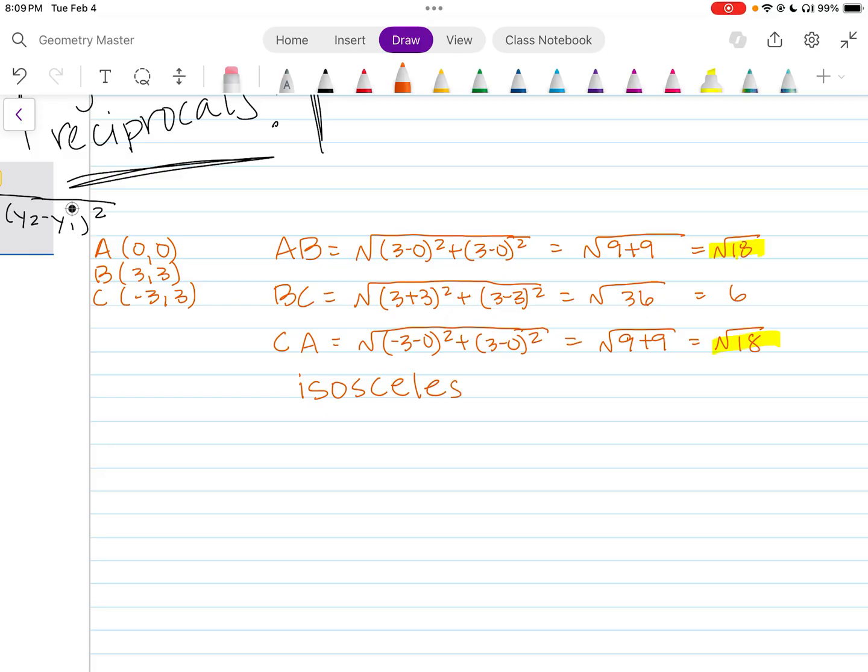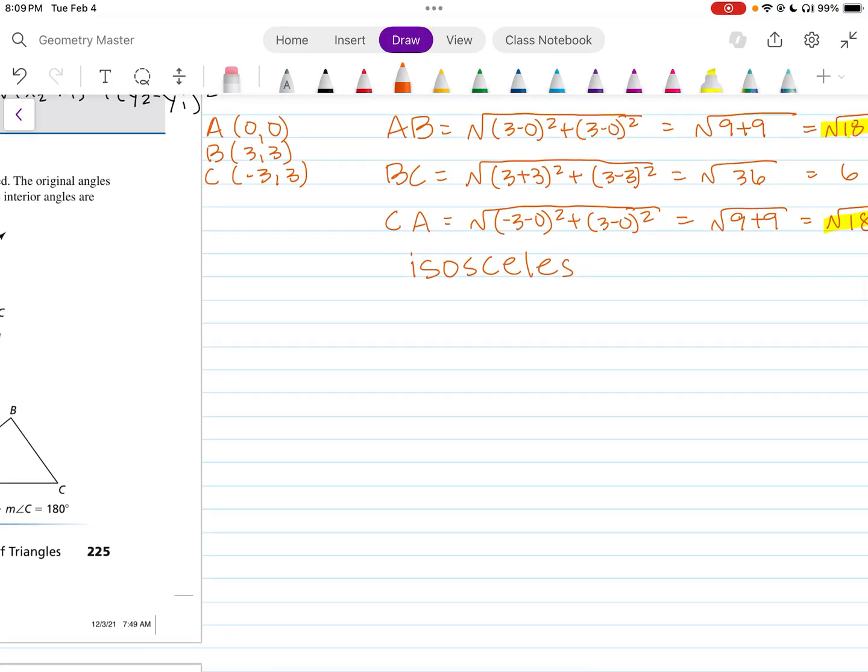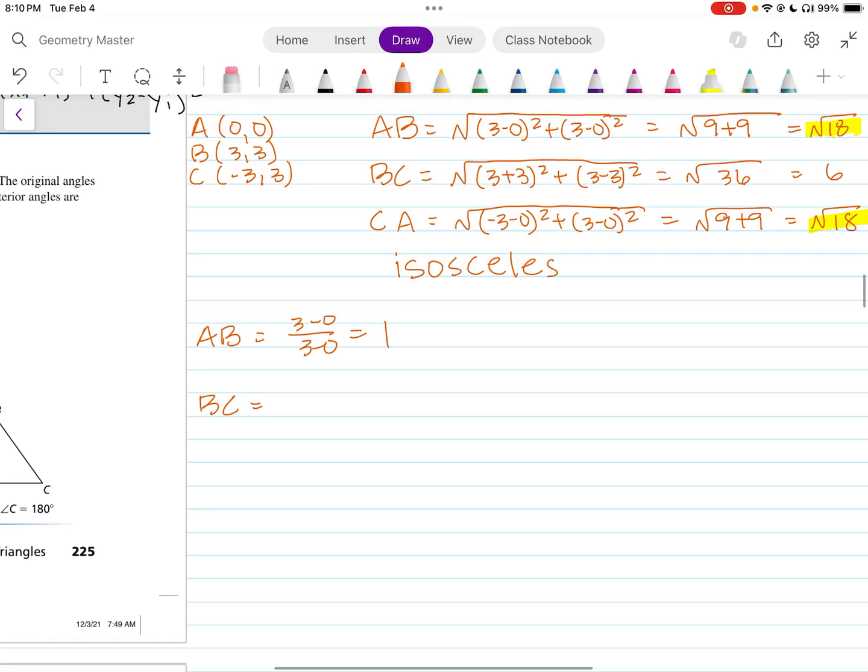And then let's see what our slopes are. The slope of AB is 3 minus 0 over 3 minus 0, which will be 1. The slope of BC is 3 minus 3 over -3 minus 3, which is 0 over -6, which is just 0.